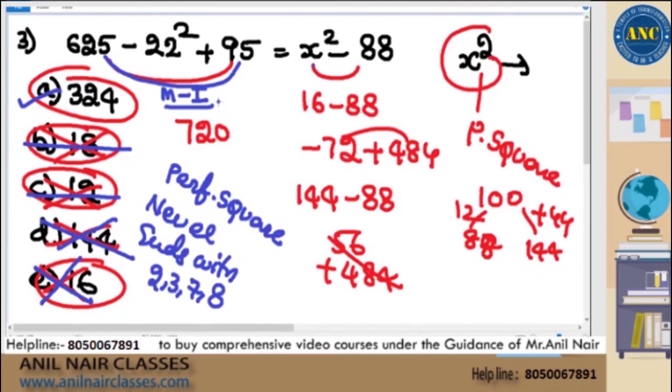Method 2. Please write down. It is simple. It is x square, and x square is a perfect square. A perfect square never ends with 2, 3, 7 or 8. New world, have little patience. I will go method by method. Method 1, I hope it is clear.